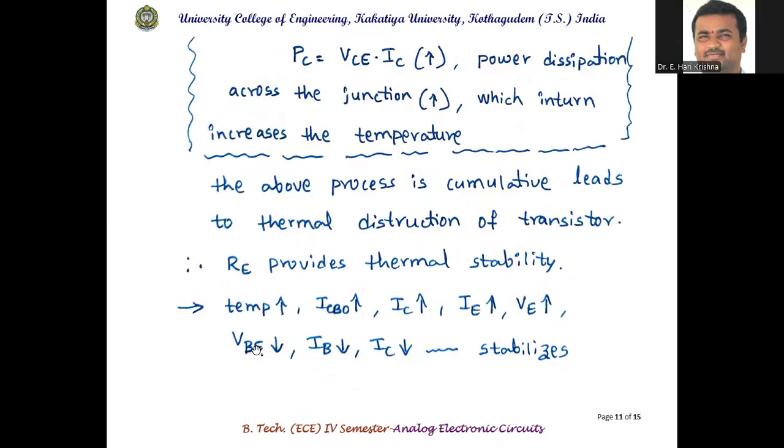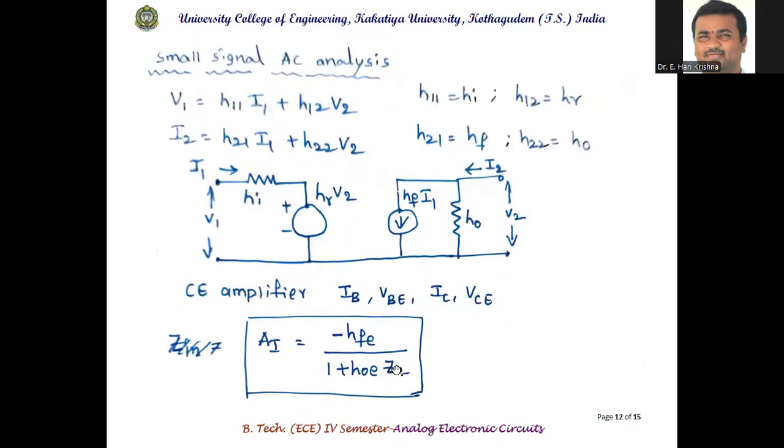When voltage across the base emitter junction decreases, the base current decreases. Base and collector current are related by IC is equal to beta into IB. That is, IC decreased. Here because of temperature IC increased, but we are using the emitter resistor which is reducing the IC, which stabilizes the operating point of the transistor. RE is the important factor in operating point calculation, stabilizing the operating point of the transistor irrespective of variations in temperature and aging effect.